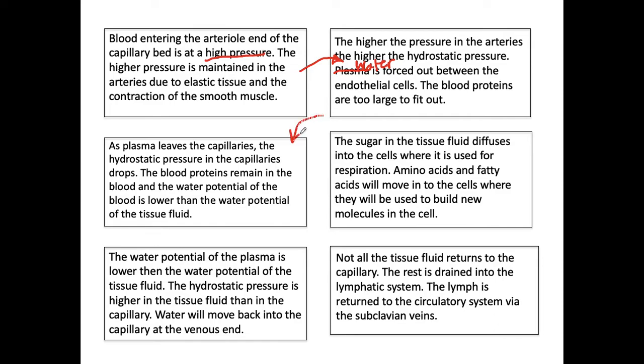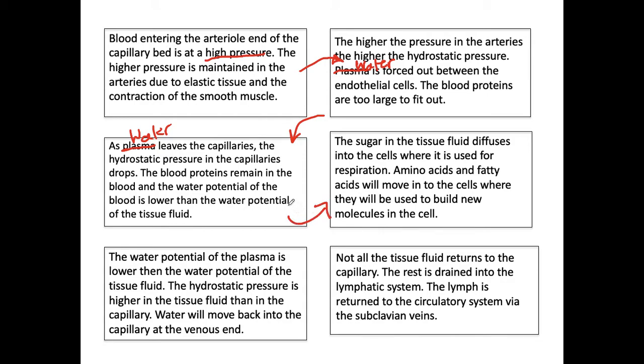Next one, as water leaves the capillaries, and ions and glucose, the hydrostatic pressure in the capillaries drops. The blood proteins have remained inside the blood, so therefore the water potential of the blood is lower than the water potential of the tissue fluid.